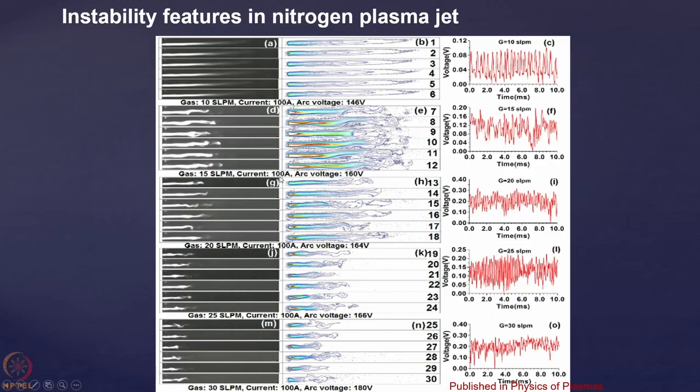But when you are running with the same current, but the arc voltage is 160 volt, you have some 16 kilowatt of power that you are dissipating, and near the end, when you are passing 30 liter per minute, you are getting 180 volt at the same current of 100 ampere. So you are now dissipating 18 kilowatt of power. So when you are increasing the gas, automatically your power is increasing because of the change in the resistive behavior of the plasma.